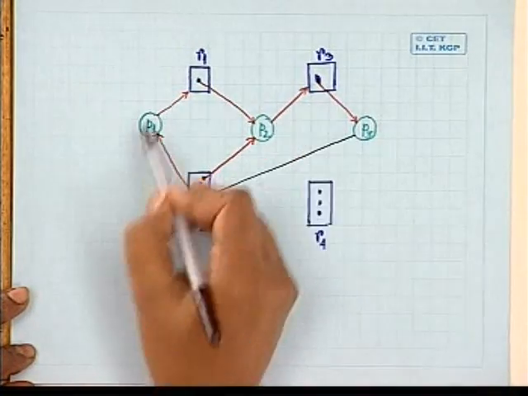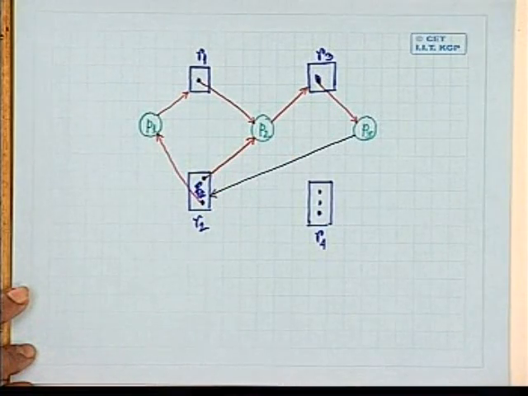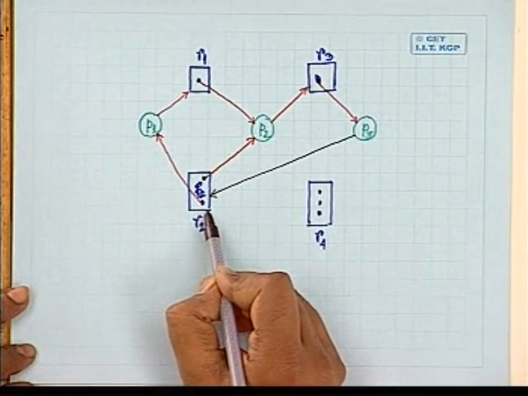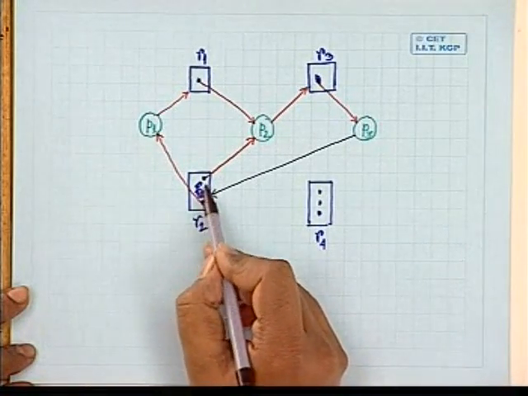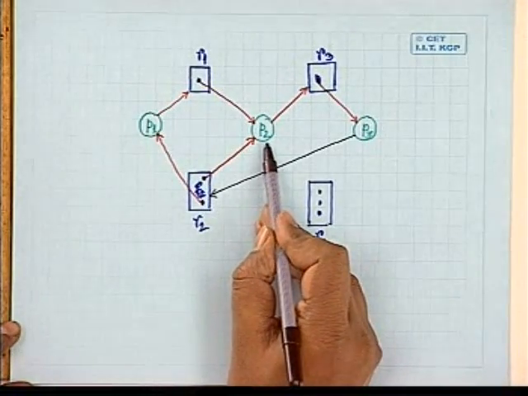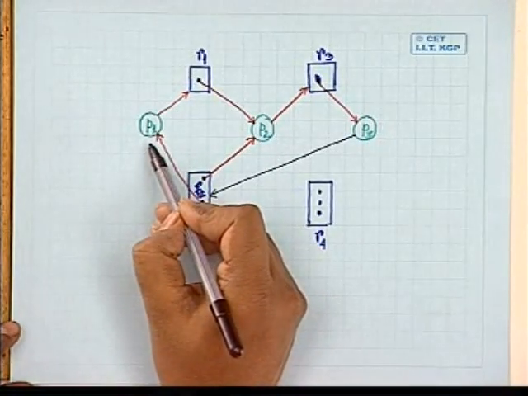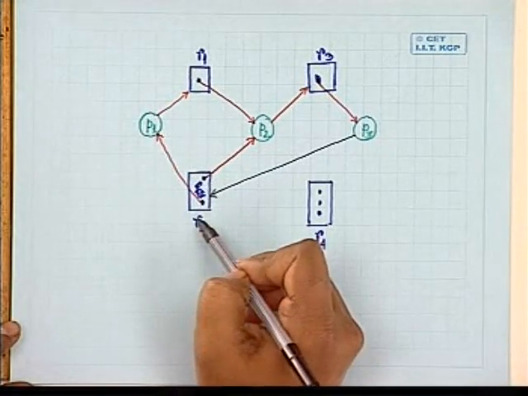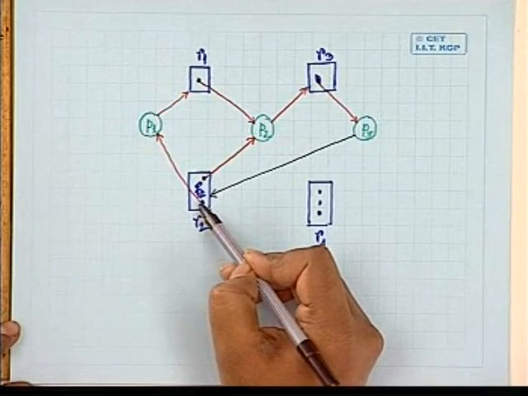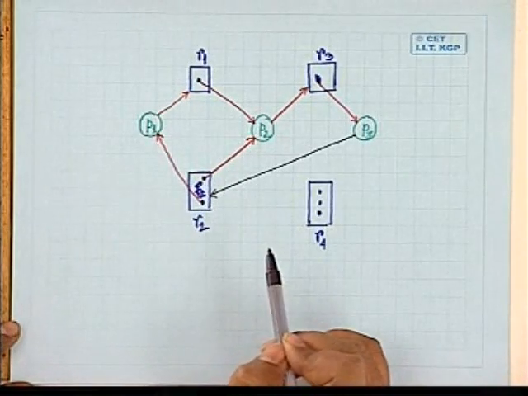Now find that this situation leads to a deadlock because P3 is waiting for an instance of resource type R2 and both the instances of R2 are already allocated. One of the instances is allocated to P2, the other instance is allocated to P1. So none of the instances of R2 is available. So P3 cannot get it until and unless these two are released by P1 and P2.